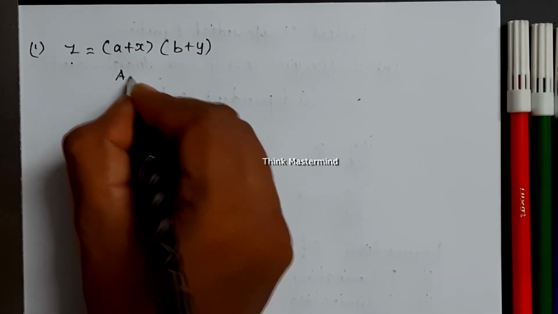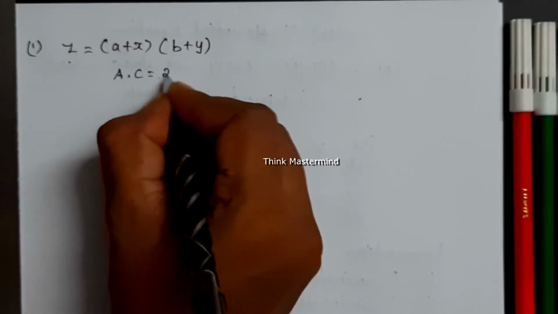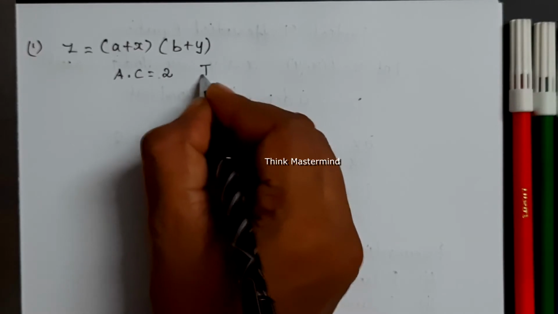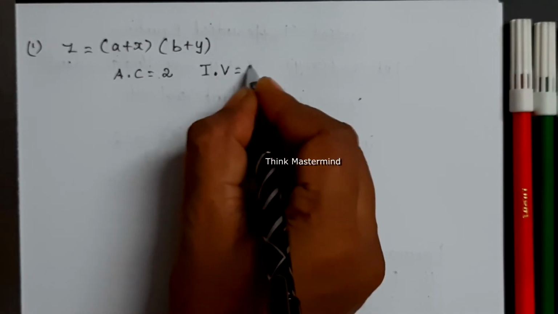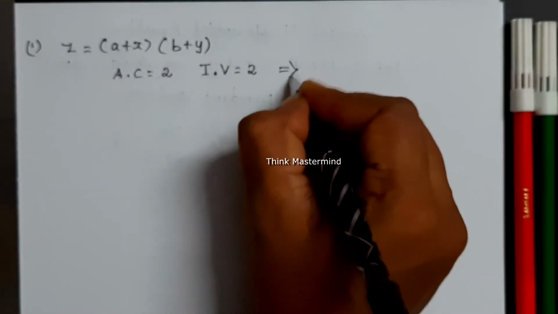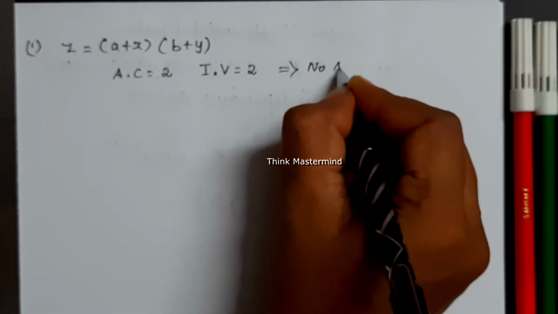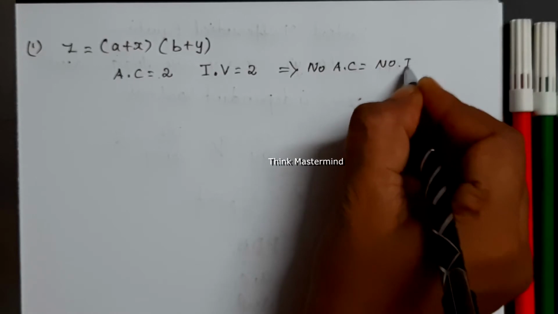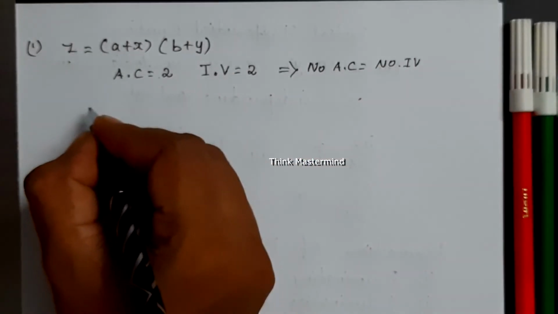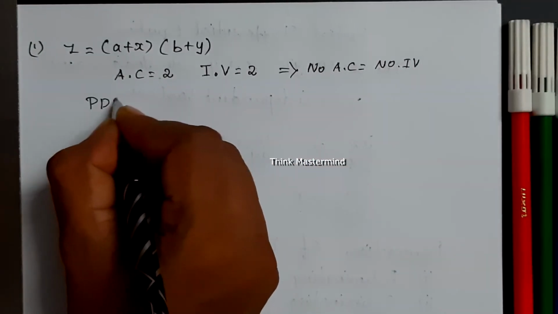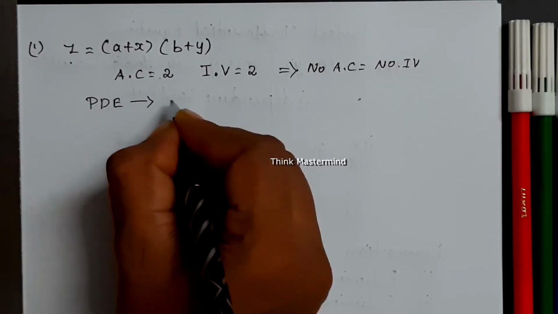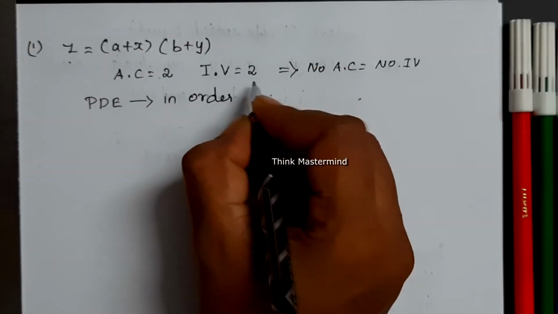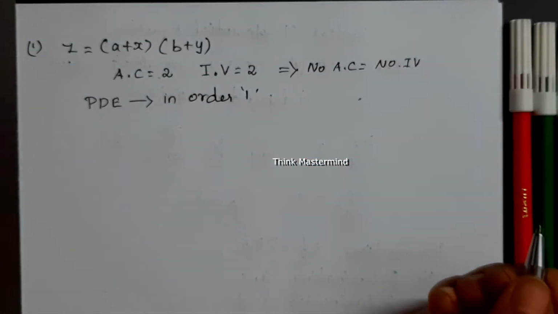So the number of arbitrary constants, a and b, is 2, and the number of independent variables is 2. That implies the number of arbitrary constants is equal to the number of independent variables. Therefore the output partial differential equation should be of order 1, that is in the form of p and q.